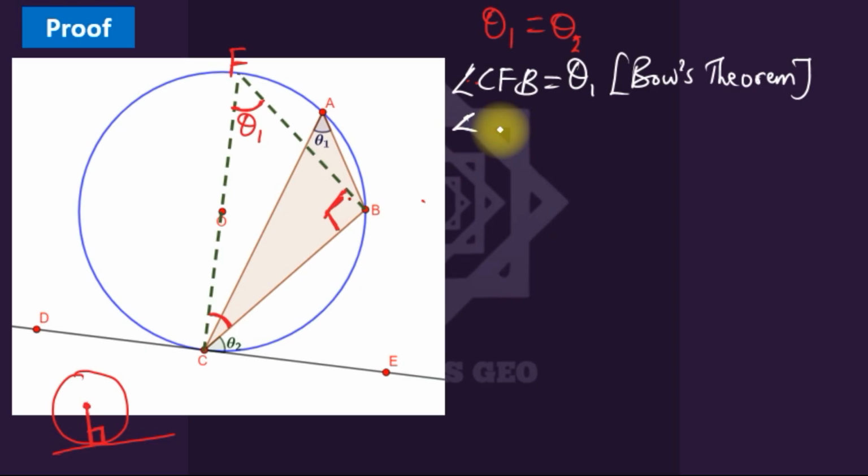Angle FBC is 90 degrees based on Thales theorem.